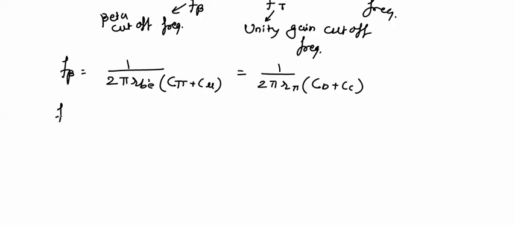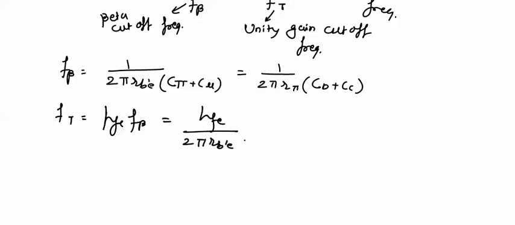And the frequency ft is given by hfe into f beta, which is equal to hfe upon 2 pi rb dash e into c pi plus c mu. We know that rb dash e equal to hfe upon gm.